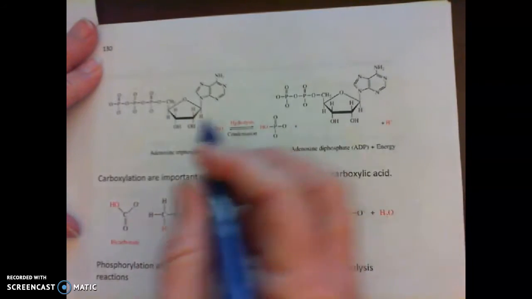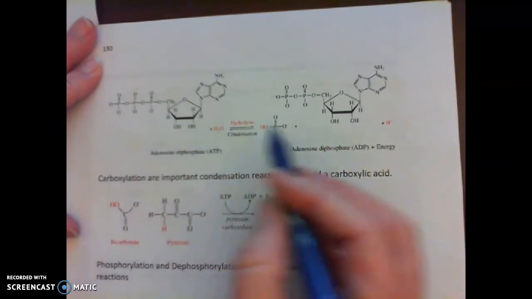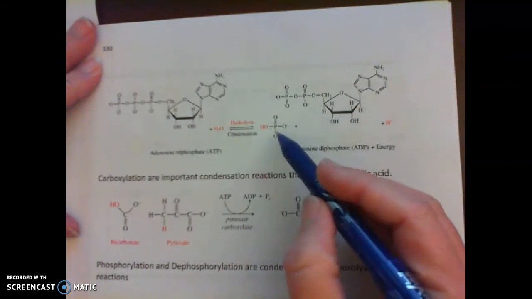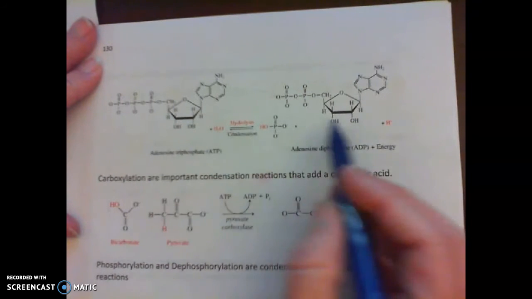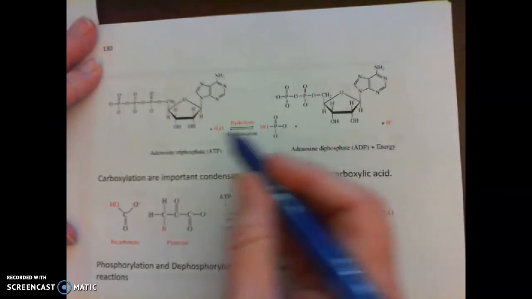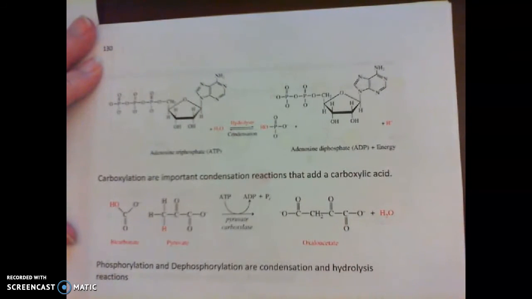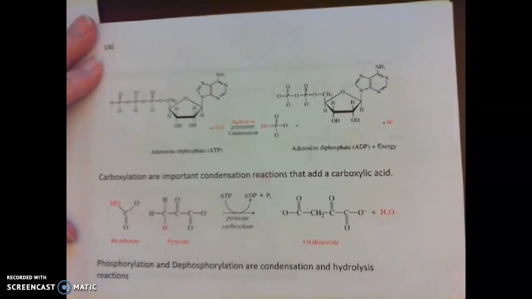So in the hydrolysis direction, we start with a large molecule and we end with two molecules. We start with water and we consume that water. That's hydrolysis. Condensation runs in the opposite direction. If we go in the reverse reaction, we have two molecules that form one. Okay?